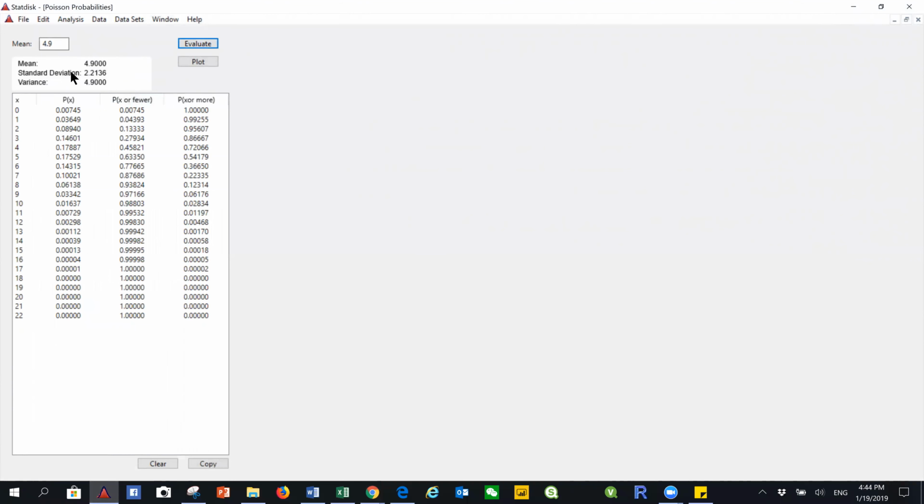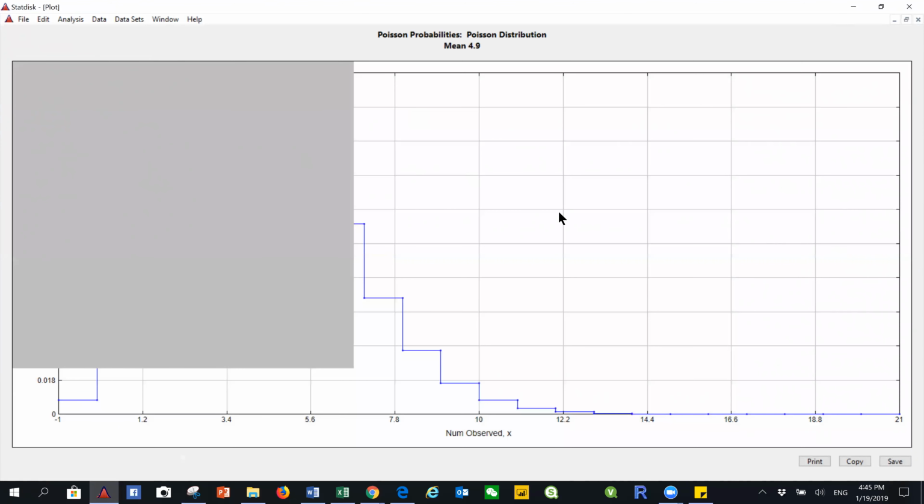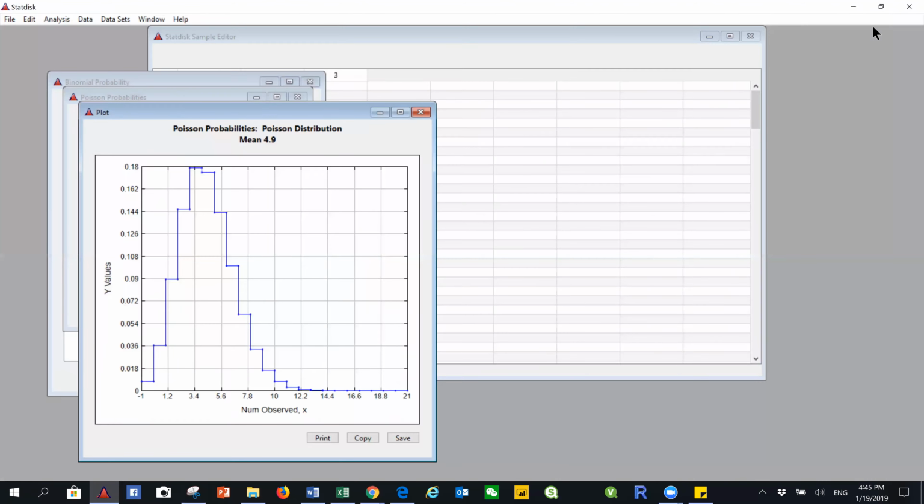Otherwise, lambda should be equal to sigma squared, which is the variance. Then you have everything as you saw in binomial distribution: point probability, cumulative probability, and cumulative probability from the other direction. You can plot, and this is how it looks like. So you can see the distribution looks like this.